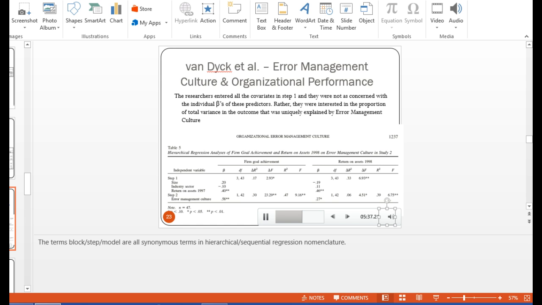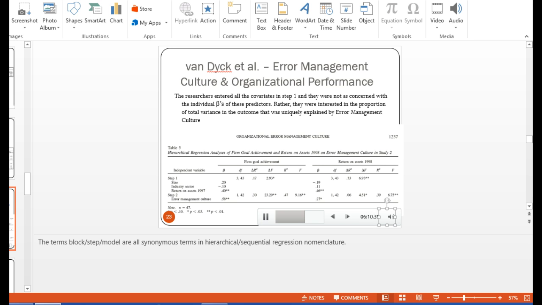The reviewers and the readers will want to see all of your beta weights, so you typically will report those. Note that this table did not report the B weights. That is something that, again, varies across different studies. Some report both, some report just the betas, as you can see here. I think that recently, this study was done in 2005, there's been a push to include B weights more. I think I mentioned that before last week.